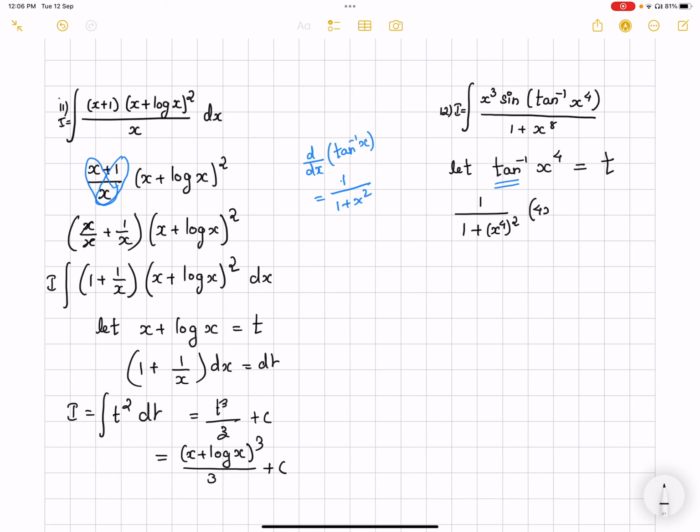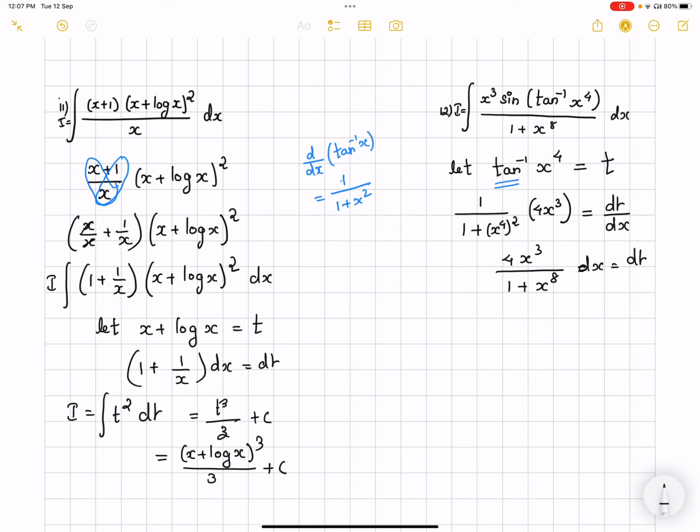It's going to be 4x cube. Okay, then dt by dx when I'm differentiating both the sides with respect to x. So what I get here is 4x cube divided by 1 plus x power 8, dx is equal to dt. And then we don't have 4, so I would be having dt by 4.